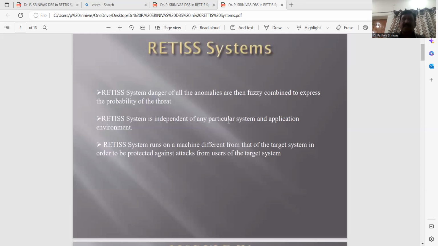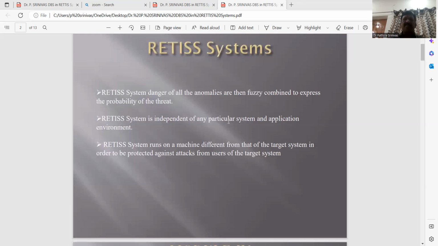In database security, one of the main important topics is the RTI system. It is very easy for the RTI system, and it protects against fuzzy combined expressions. The RTI system is independent of any particular system and application environment.